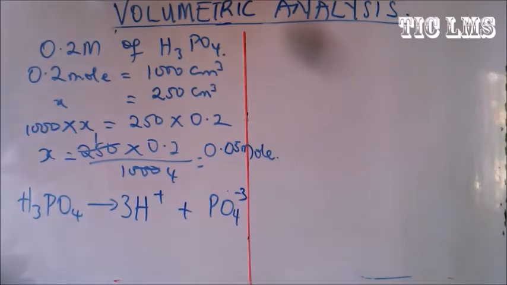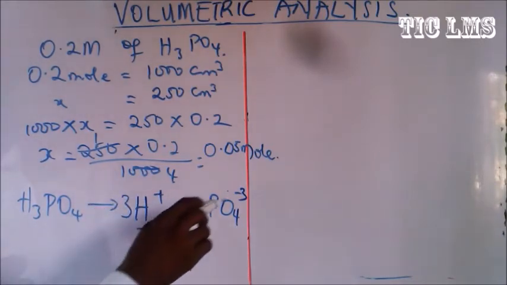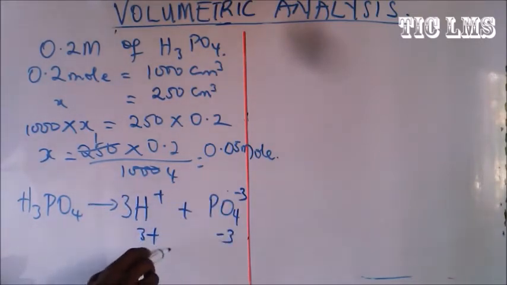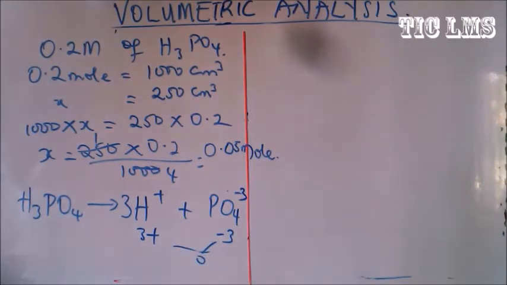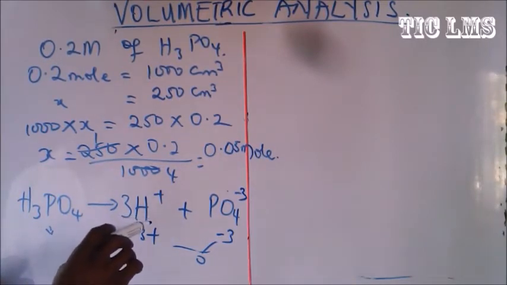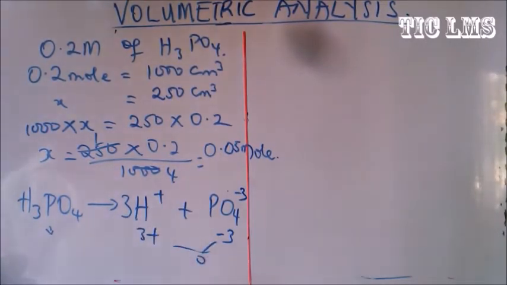So as to balance the ion, that's 3 plus and minus 3, which balances to give 0. Now with this, 1 mole of this weak acid produces 3 moles of hydrogen ion and 1 mole of tetraoxophosphate(V) ion.